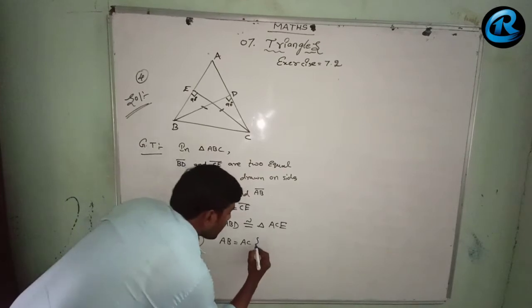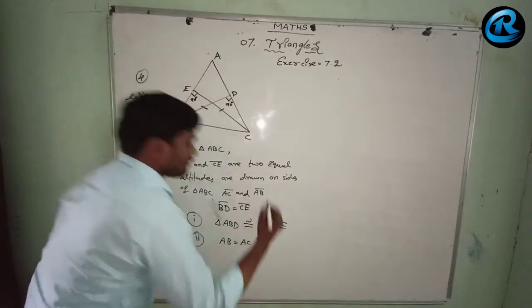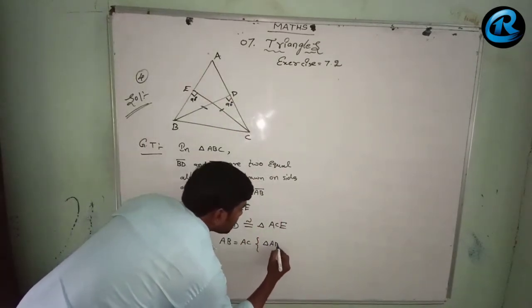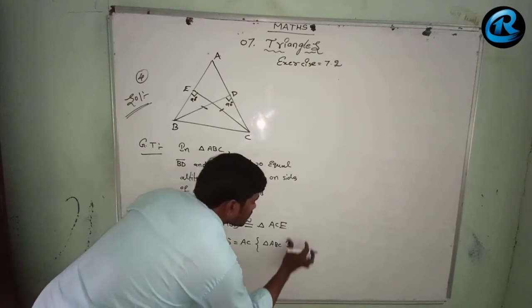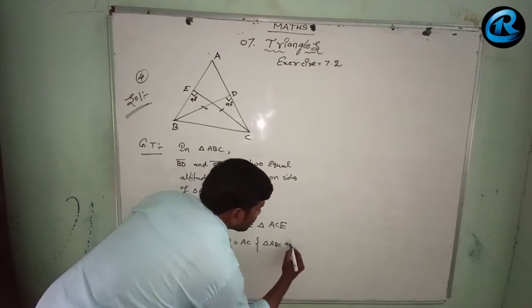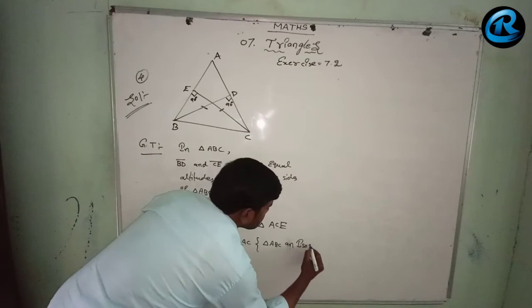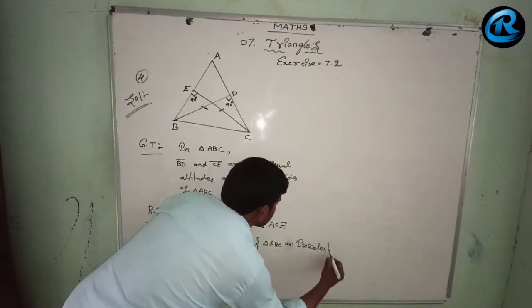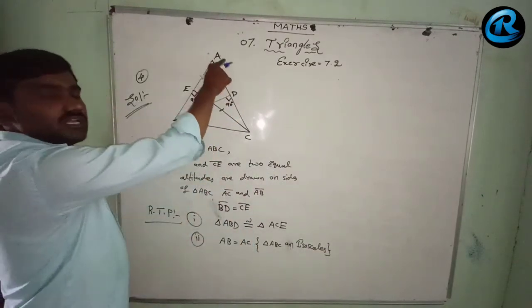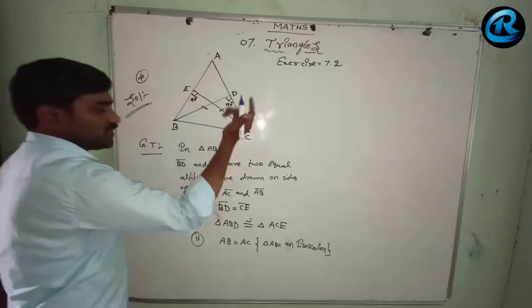Nothing but triangle ABC is an isosceles triangle with AB equal to AC.